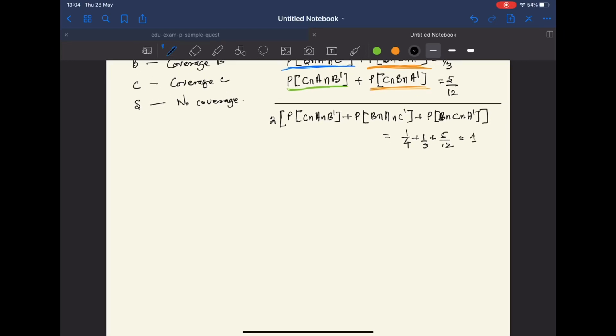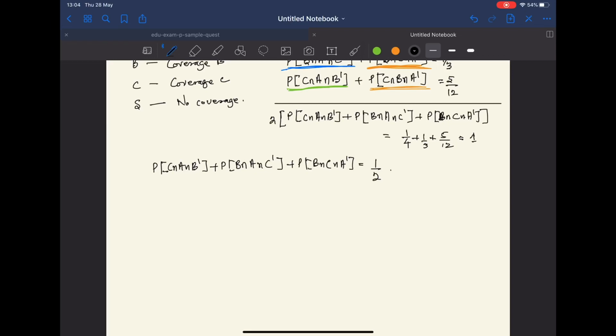So I have the probability of C intersection A intersection B complement, plus the probability of B intersection A intersection C complement, plus the probability of B intersection C intersection A complement, being equal to 1 over 2.